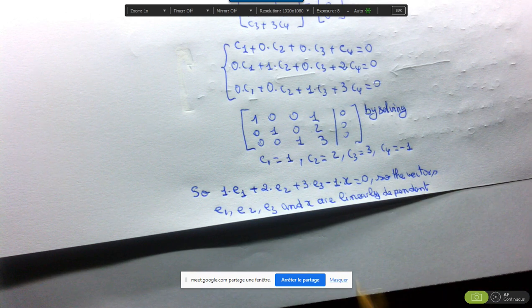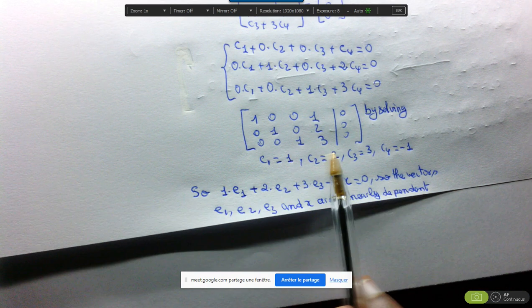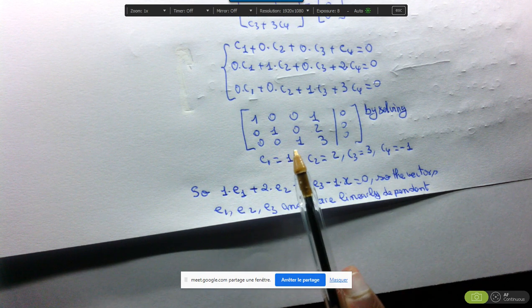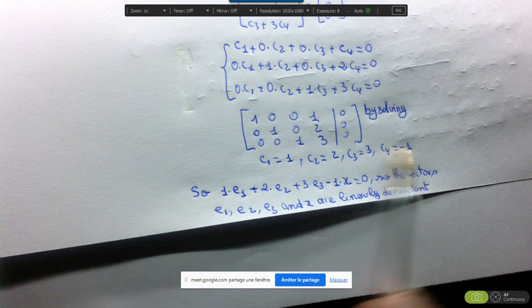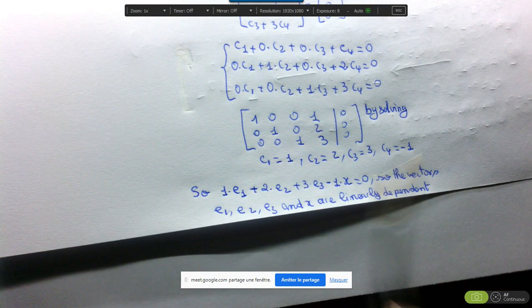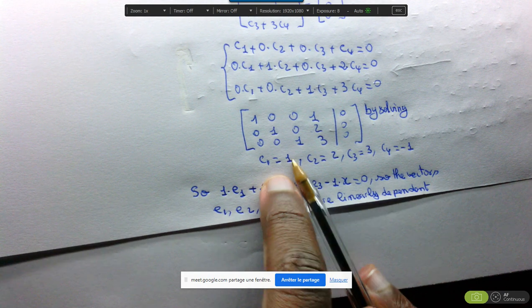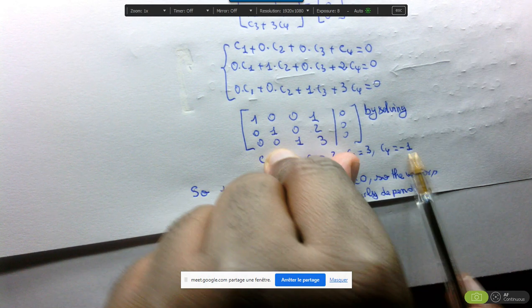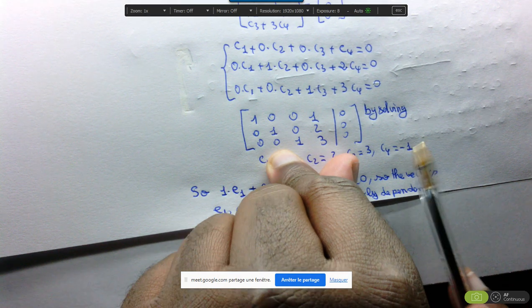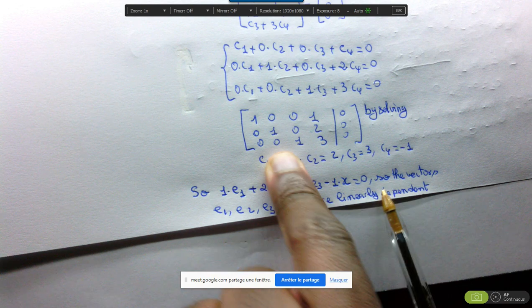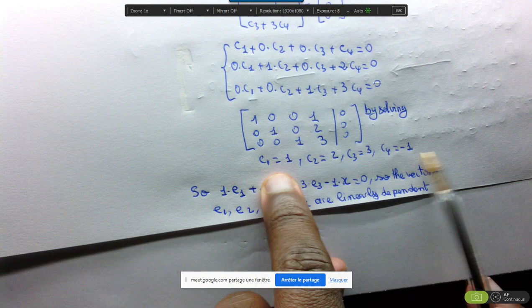If all of those coefficients C1, C2, C3 and C4 were 0, all of them, then it is linearly independent. If two of them are 0, suppose I have 0 here, 0 here, but here I have 3 and -1 like this, it is still linearly dependent, because for it to be linearly independent, all of them have to be equal to 0.